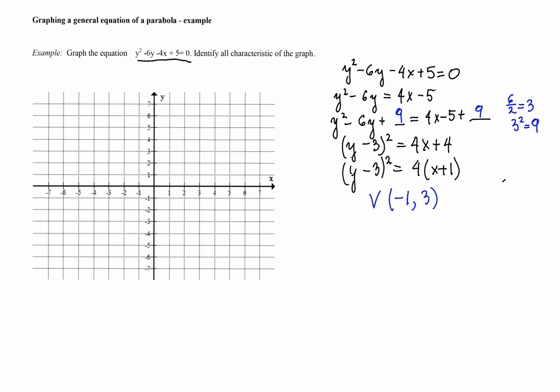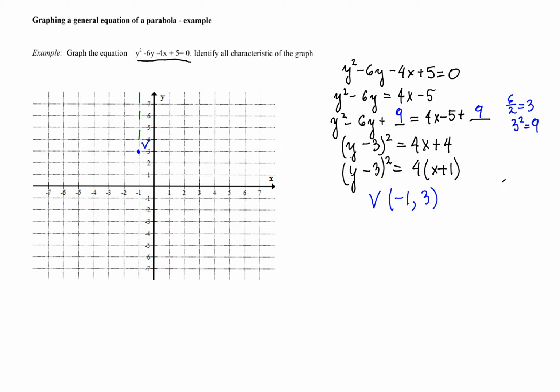Now we need to graph that parabola. So we'll start with plotting the point -1, 3. This is my vertex. I will draw the graph using the second method of translating the coordinate system rather than the parabola.